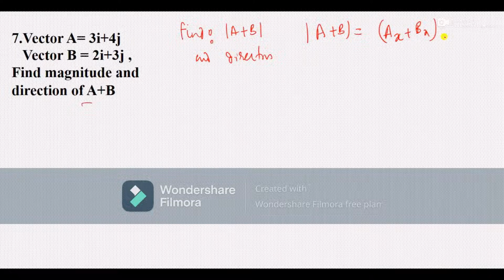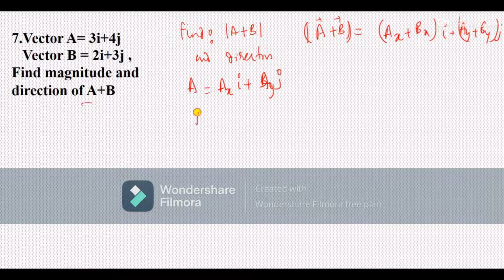For finding the A plus B magnitude, we know that the A plus B vector will be in the form of all x components on one side plus y components on the other side. So that is (AX plus BX)i plus (AY plus BY)j. We are writing down each vector in that component format.